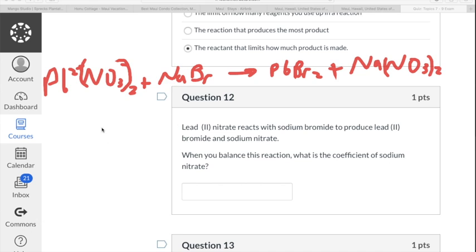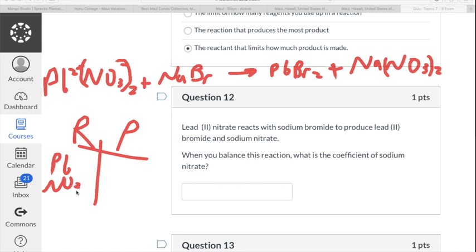All right, now we just got to balance this. Here's my reactant side. Here's my product side. I've got lead on one side, nitrate, that's an NO3, Na and Brs.